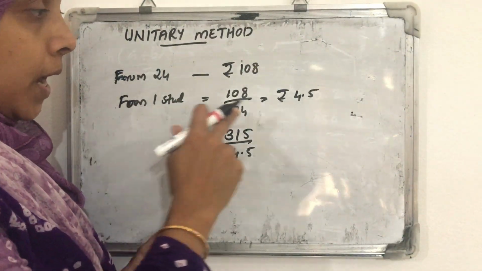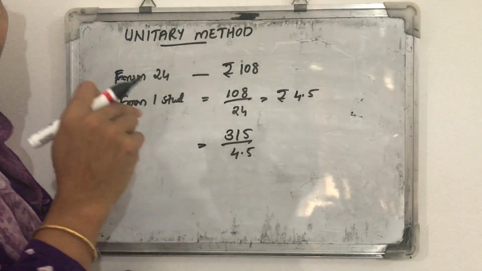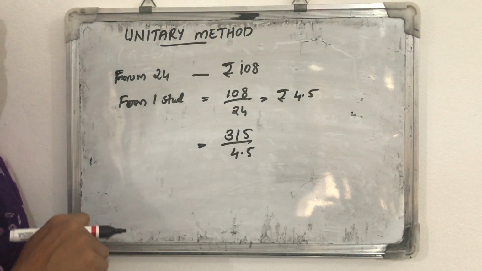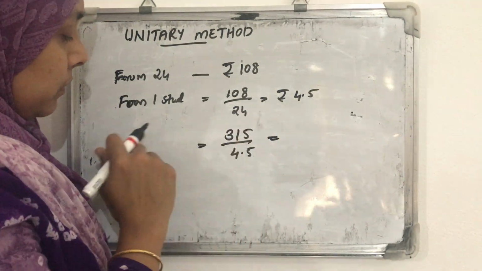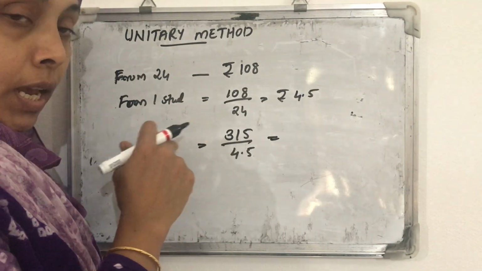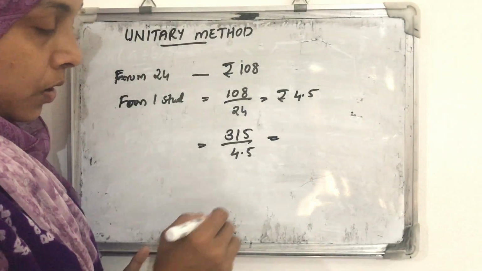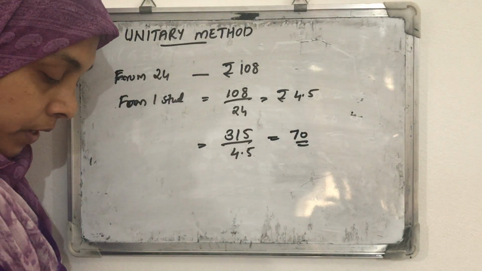From one student we collected 4.5 rupees. So the number of students needed to collect 315 rupees equals 315 by 4.5. You will get 70 after the division.